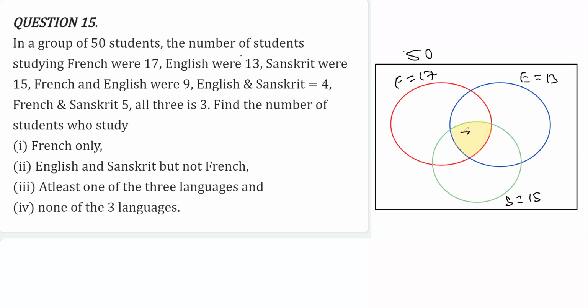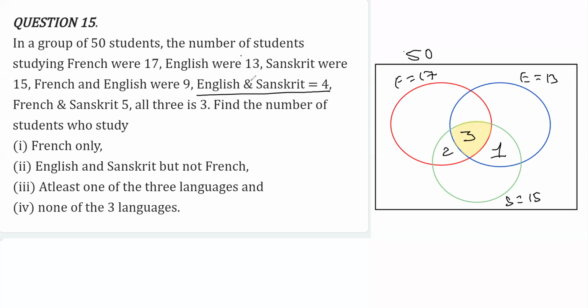So I'll write 3 here. Now for Sanskrit and French, it is 5. But we have already 3 occupied here, so 5 minus 3 will be 2 for this. Now English and Sanskrit is 4. We have already placed 3 here, so the remaining 1 will be here, as together it is 4.